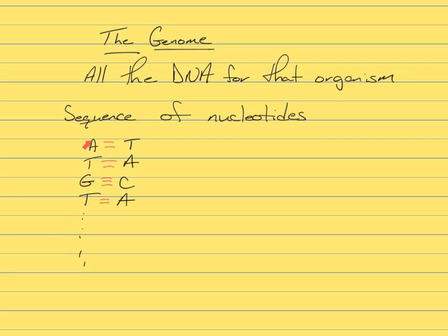They assume that you understand, if you know this sequence, you know the other, because they're opposites, they're base pairing. If you got A, you know the other side's a T, etc.